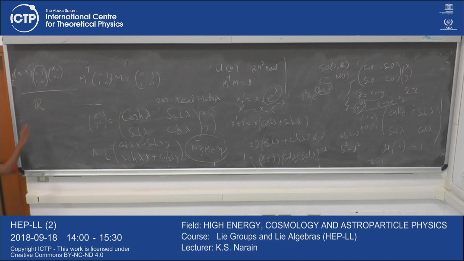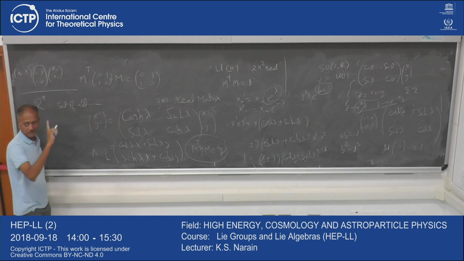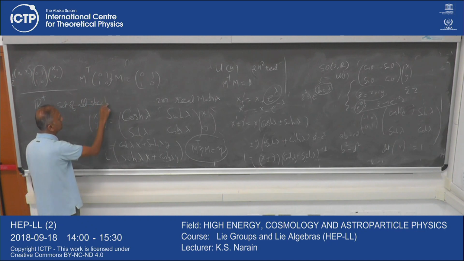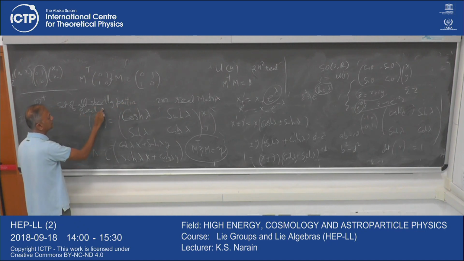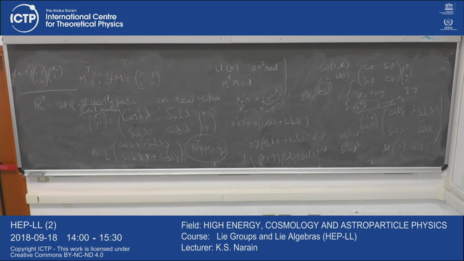However, if you take R plus, the set of all strictly positive real numbers, 0 is not a part of that, then this forms a group under the usual multiplication. Because for every positive number, the inverse is also a positive real number. So this is the group.